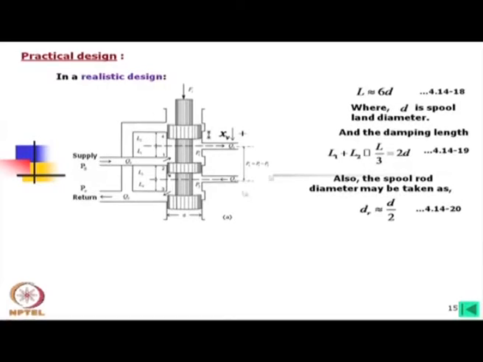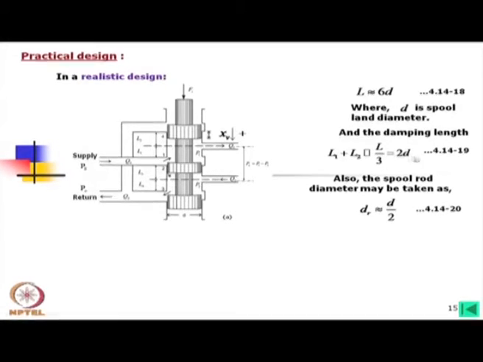L is the total length. Do not confuse this L with the first L we considered. There we considered L for the damping length, and in this case L is the total length of the spool.